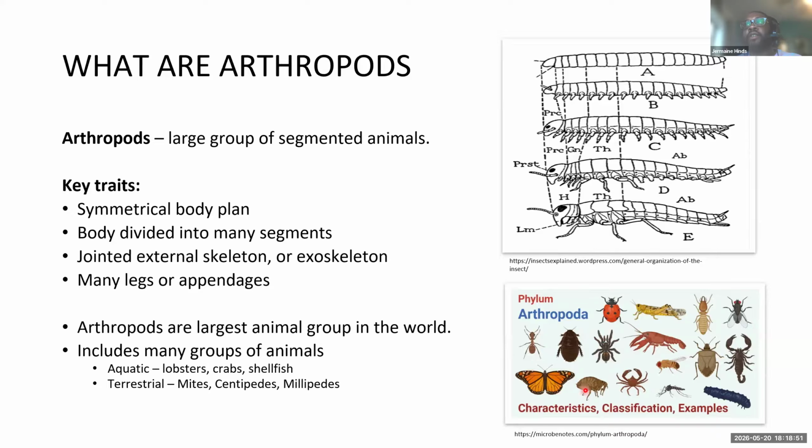But the similarities that they all have are that exoskeleton, that symmetrical body plan, the many different segments and things like that. They're found in both aquatic and terrestrial environments. Your aquatic ones are your lobsters, crabs, shellfish, and then terrestrials are your insects, mites, millipedes, centipedes, things of that nature.